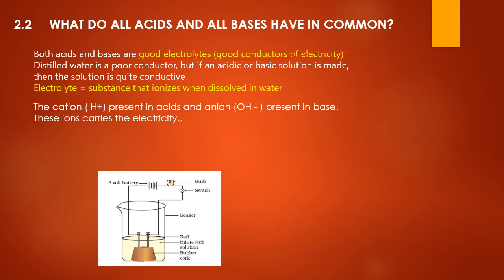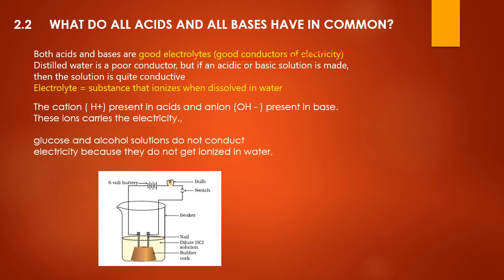What happens when we do the same experiment with glucose and alcohol? At that time the bulb does not glow. It means electricity is not flowing through the solution filled in the beaker. Why? Because glucose and alcohol do not get ionized completely.